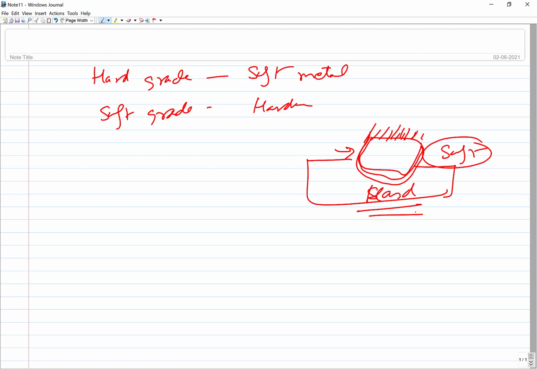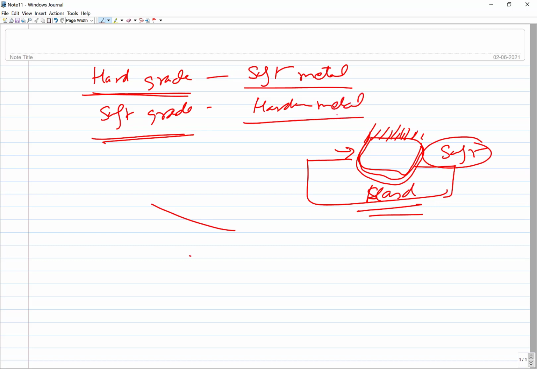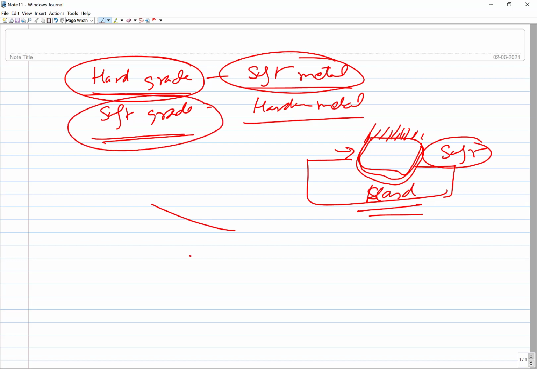So that is why we recommend hard grade for soft material, and soft grade for hard metals. So just opposite: hard grade of the wheel for soft metals of the workpiece, and soft grade of the wheel for hard workpiece materials. Correct? Okay.